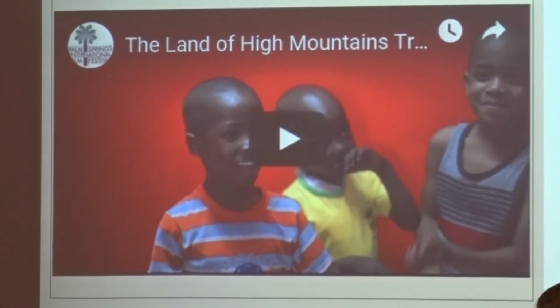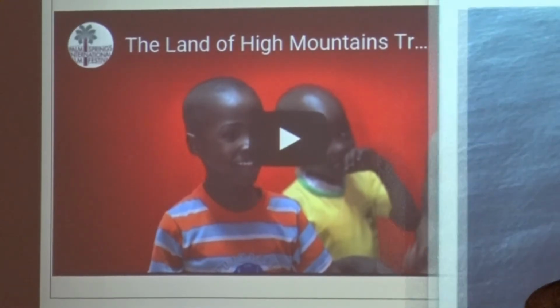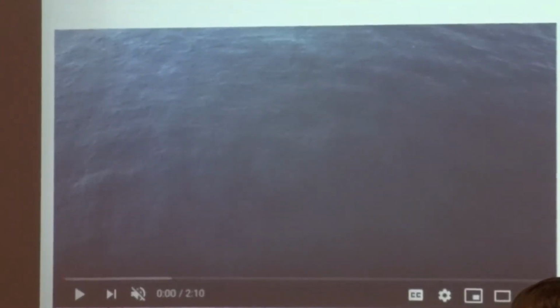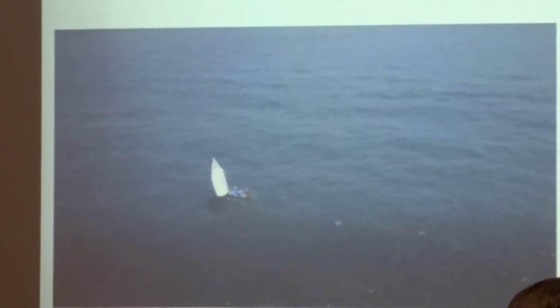Try the other way. There we go. And then try to hit play. And it's muted. Oh no. How do I unmute it? It's like next to it. Hopefully that won't be too loud.